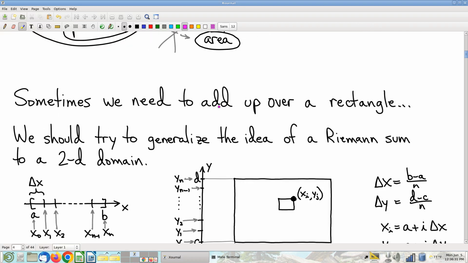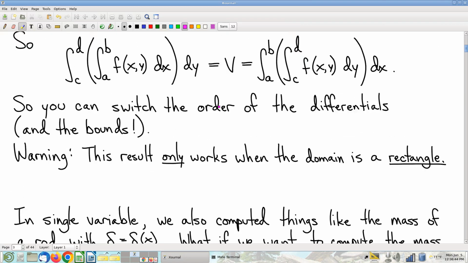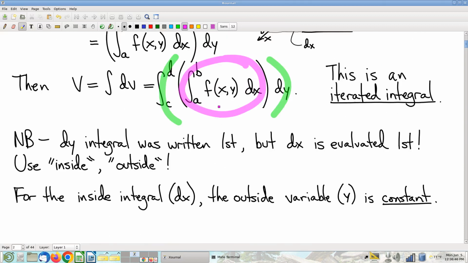Okay, so we need to come up with a two-dimensional version of a Riemann sum. Here we're going to be doing something that is importantly different from a single variable integral. By contrast, let me point back to here.